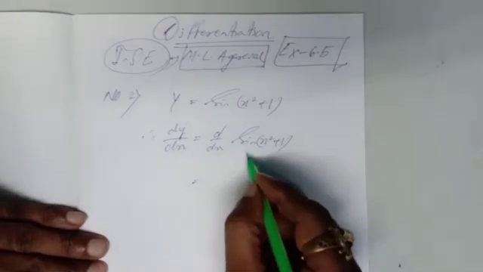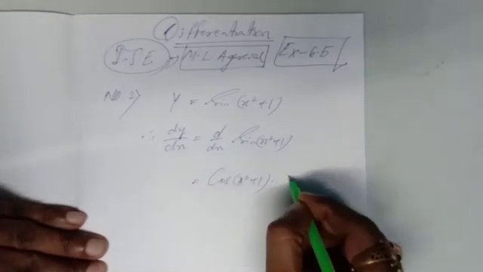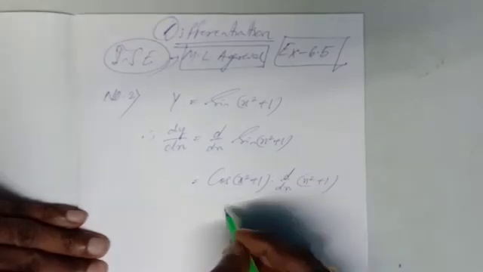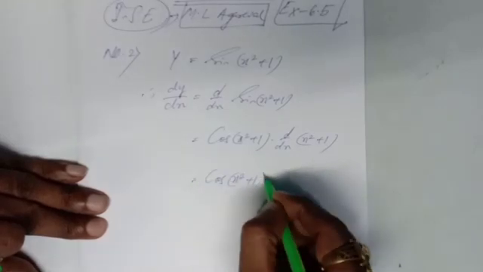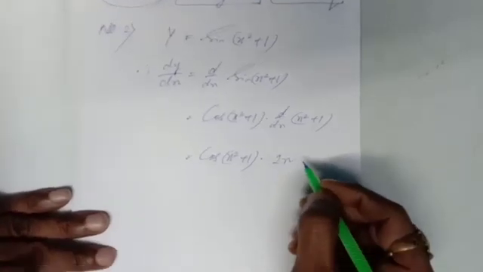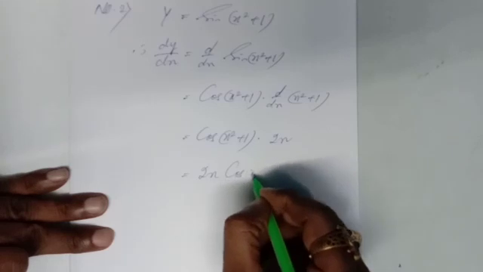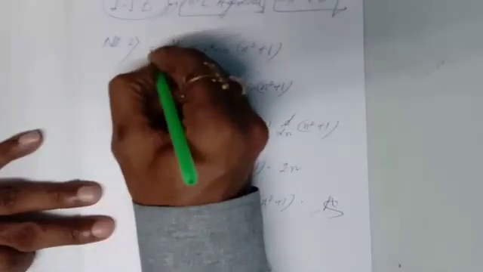The derivative of sine is cos of x square plus 1 into dy/dx of x square plus 1. The derivative of x square plus 1 is 2x. So finally you get 2x cos of x square plus 1. This is the answer of number 2, first part.